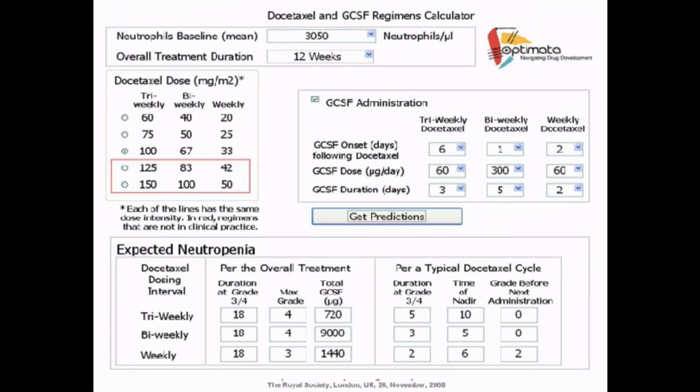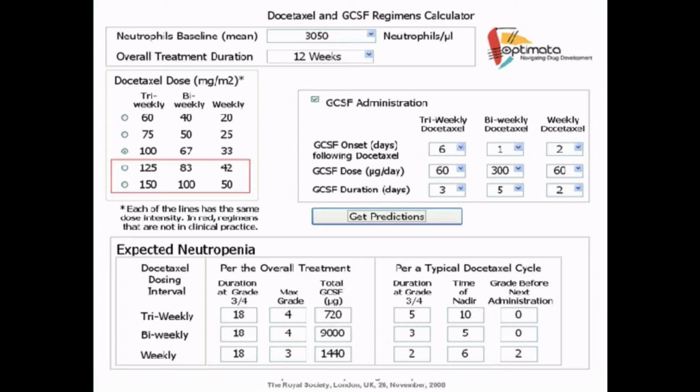Just to give you an idea of how this can be used, look at this calculator that we developed, and actually offer online, on the internet, free to a selection of clinicians. So here you can see on the top panel the input data of the patient, the neutrophil baseline, and the intended overall treatment duration. On the left, you see the decision of the doctor in this GUI.